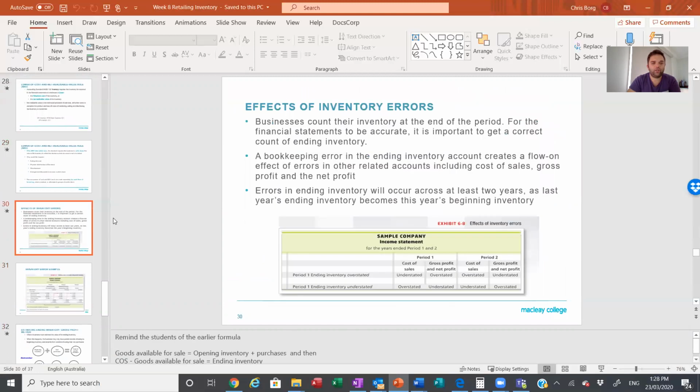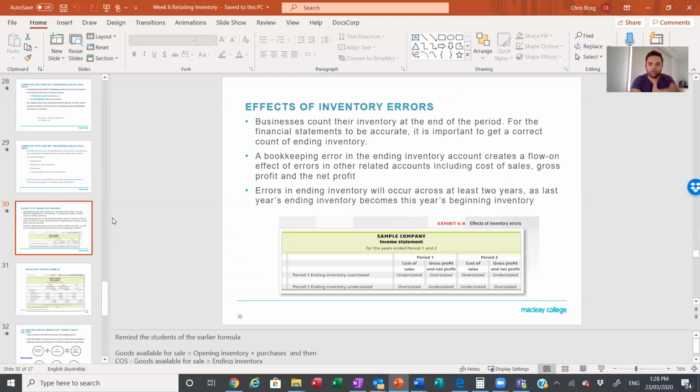Okay, so moving forward into the last part of the lecture slides, we look at the effects of inventory errors. So again, inventory errors generally are found once we do a physical stock take of our stock and compare it to the ending inventory that we've counted under the perpetual system.